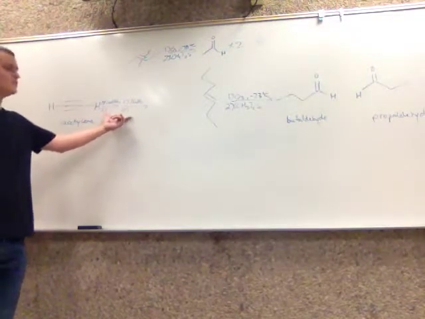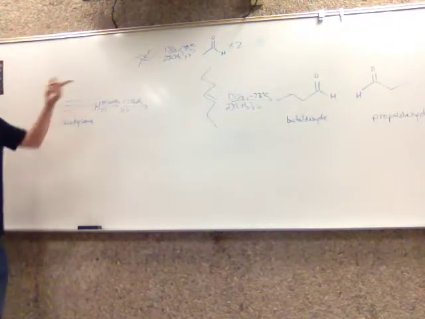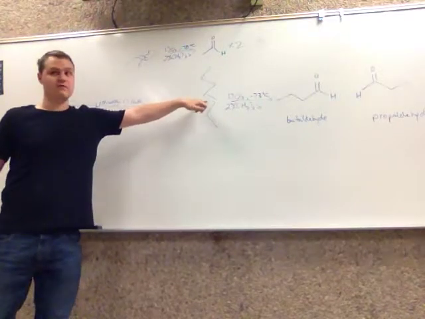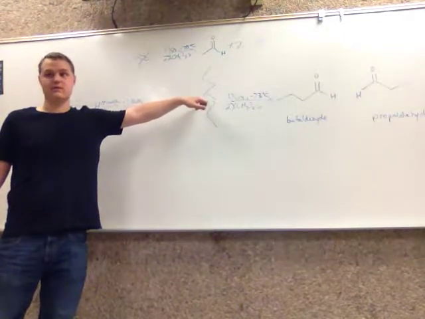Alright, so what 2 carbon chains are we going to want to stick onto this to get to 7 carbons? So this double bond is going to come from a triple bond, presumably, right?